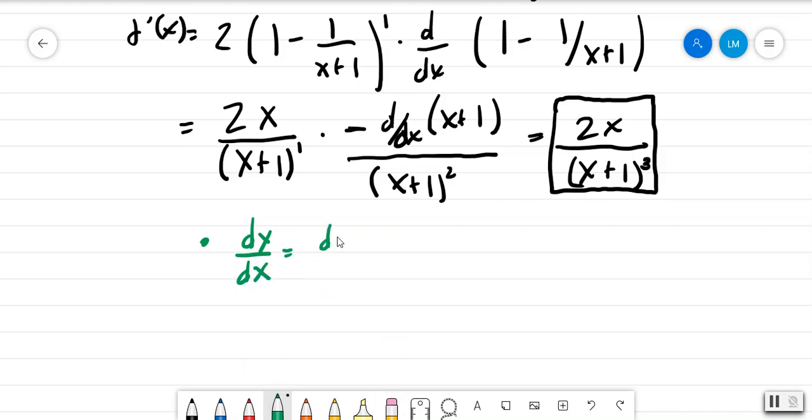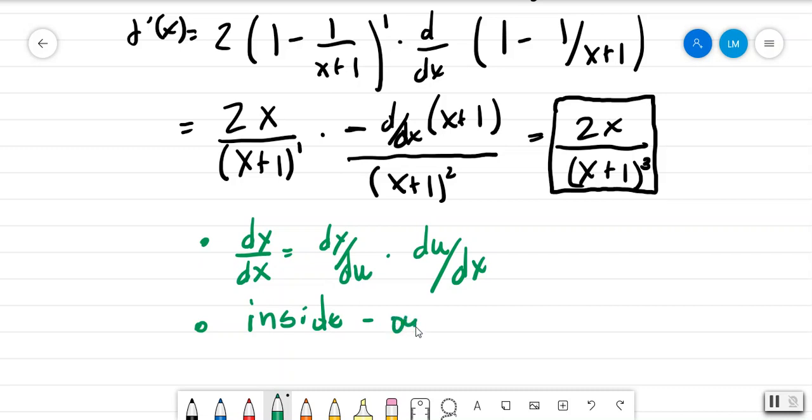So like we said, dy/du multiplied by du/dx, but we also had what was called the inside-outside.